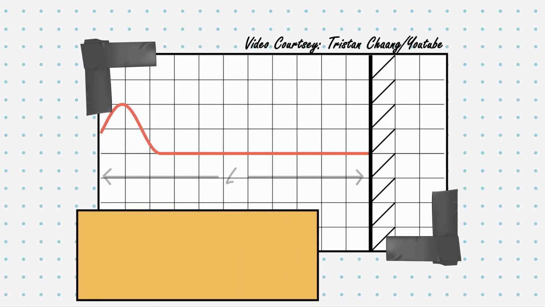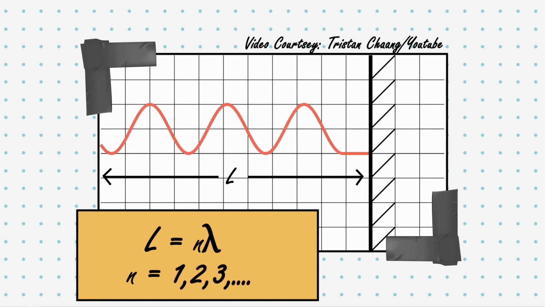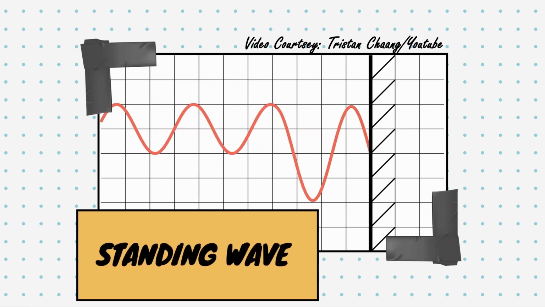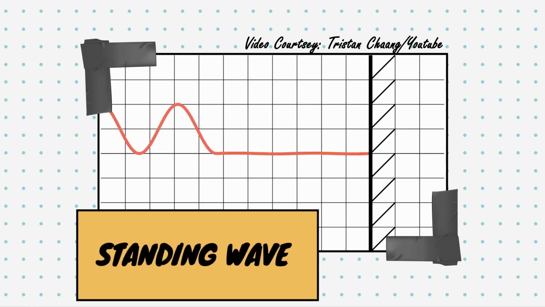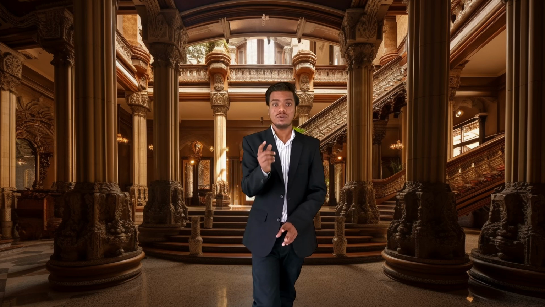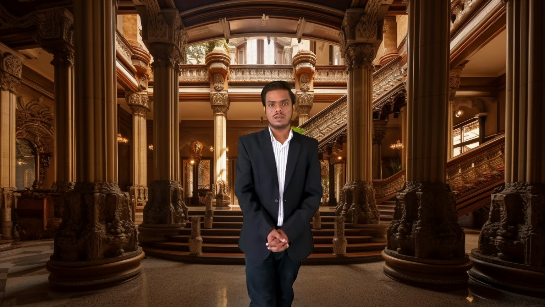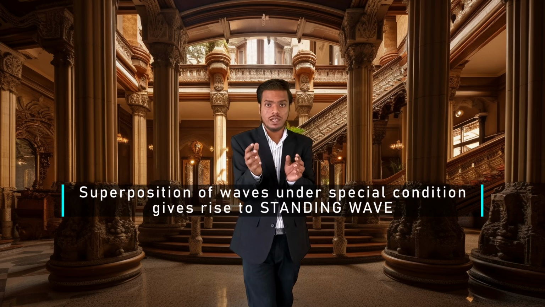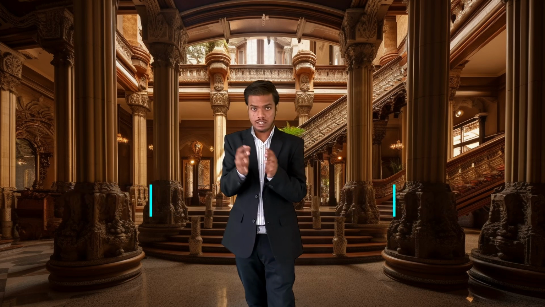Only when the distance traveled by a wave before getting reflected is an integral multiple of the wavelength of that wave does the interference give rise to a standing wave. These standing waves could last forever as long as there is no energy leakage in the system. So fundamentally, a standing wave is nothing but the superposition of waves under some special condition.